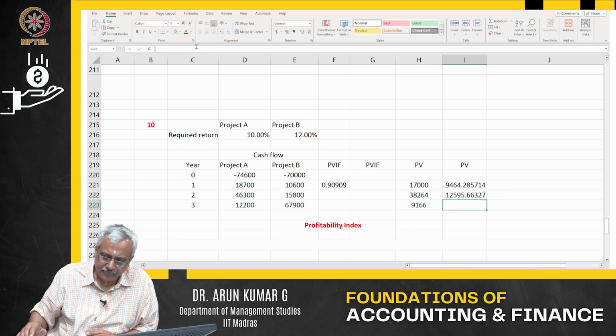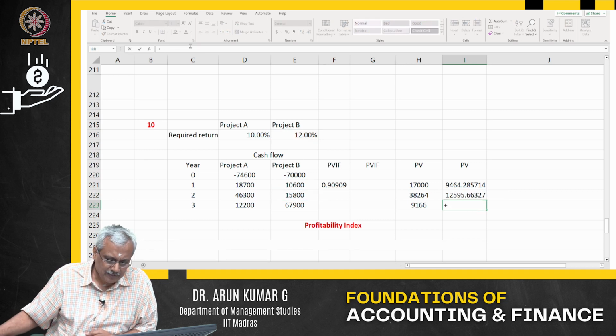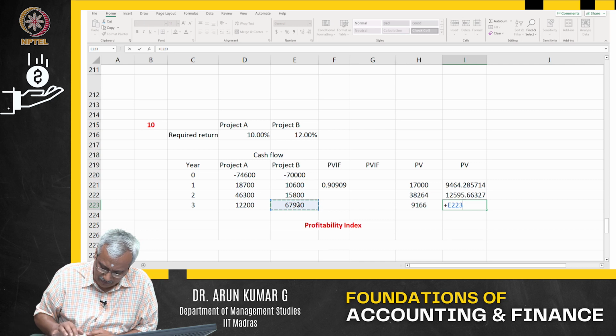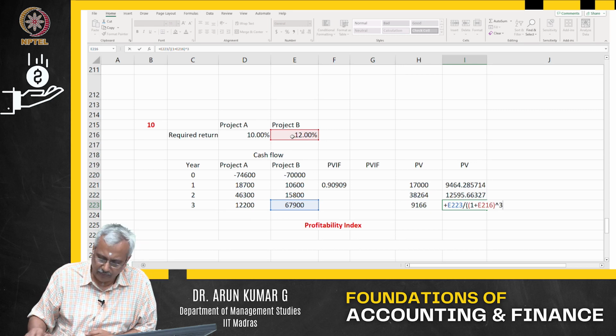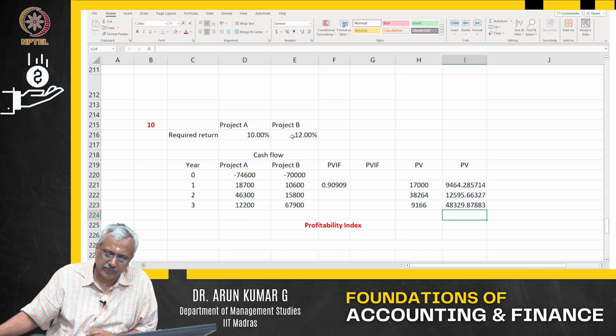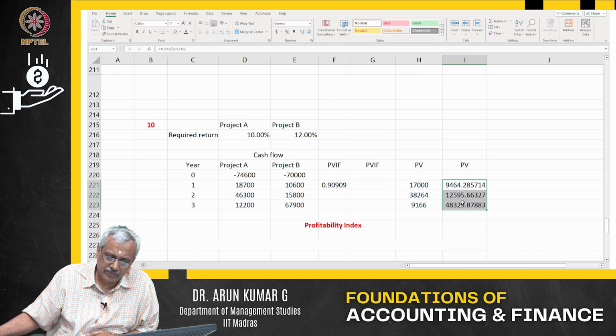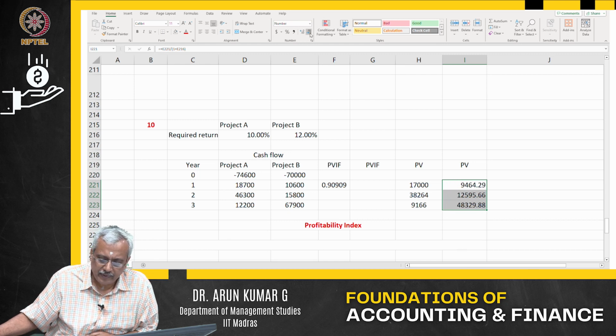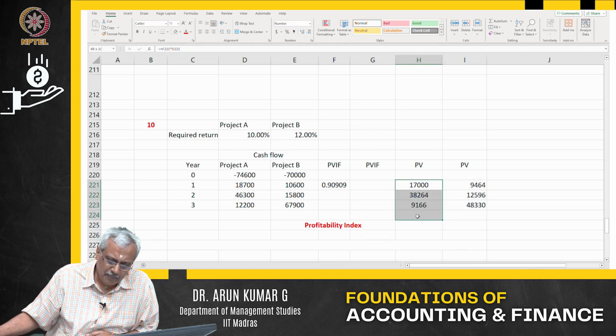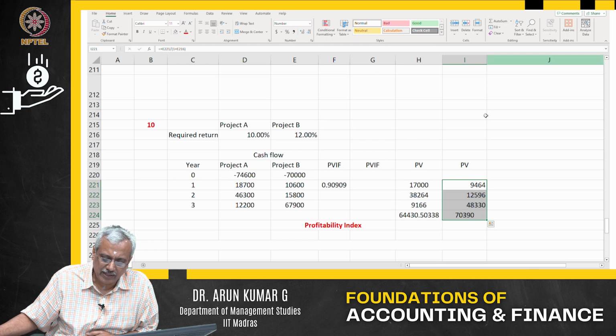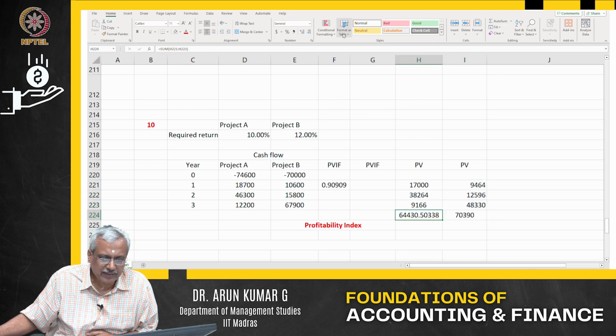I'm done. And then this particular cash flow divided by 1 plus 12% to the power of 3 out here, and I close the parenthesis. I'm just going to eliminate all the zeros. So what is the present value of all the cash inflows? I've just calculated this. Again, I'm going to eliminate all the zeros.